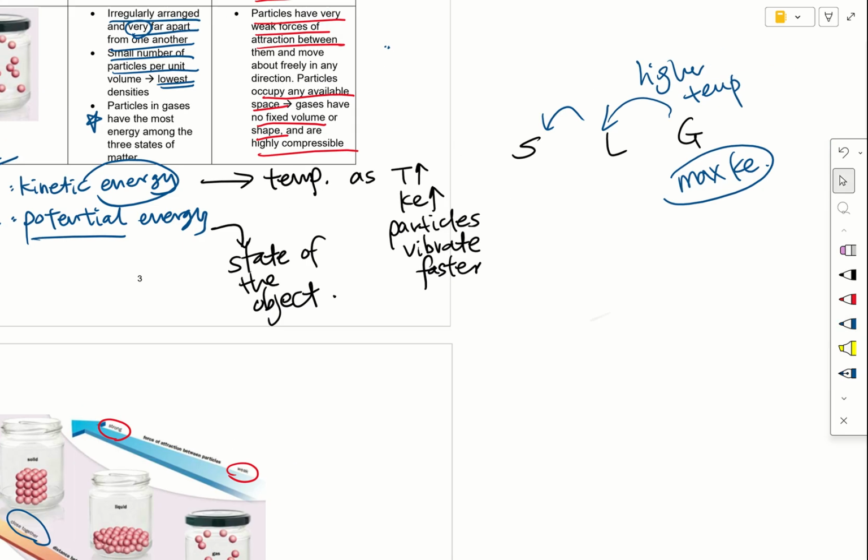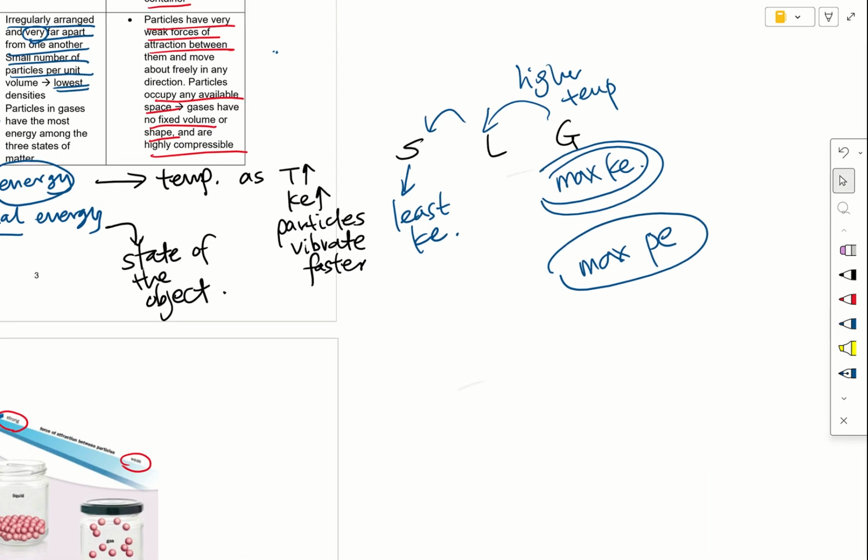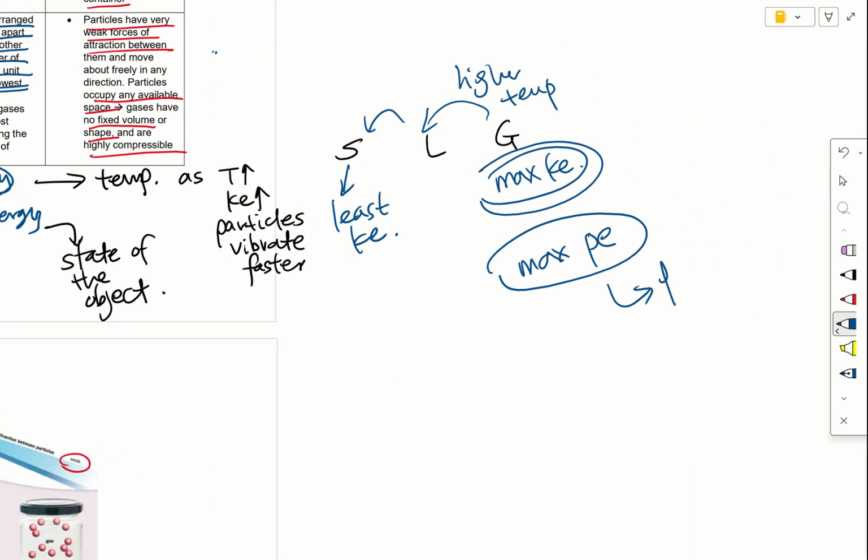So gas particles have maximum KE. That means solid has the least KE. So this is for the KE. How about for PE? Take note, gas actually has the maximum PE because the particles are furthest apart.